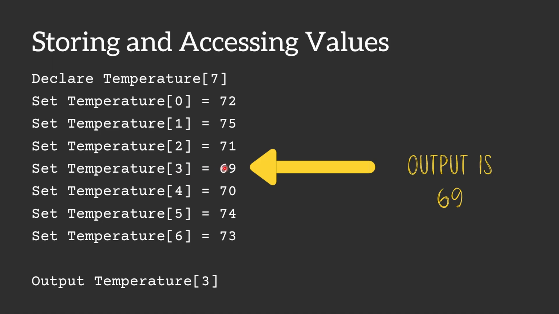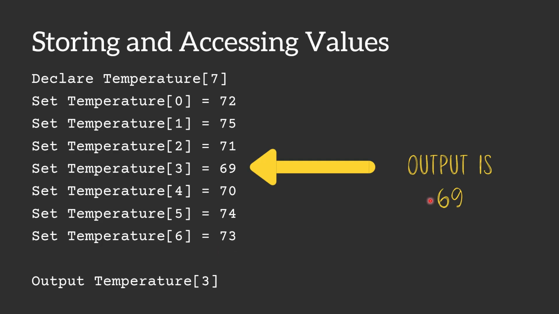My output is whatever the stored value is at index 3, which is 69. So instead of having various different variables, I've got one variable that's indexed, and when I want a particular item, I just call it by the index and I get that value.